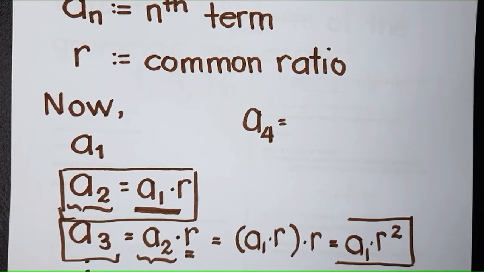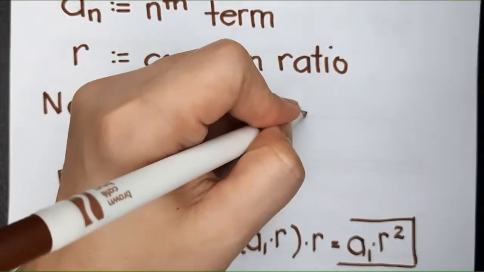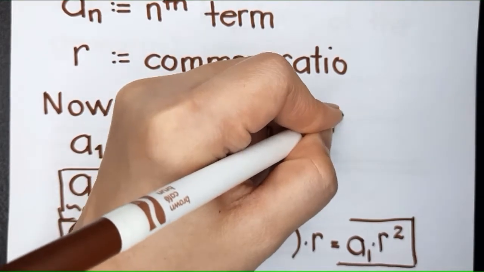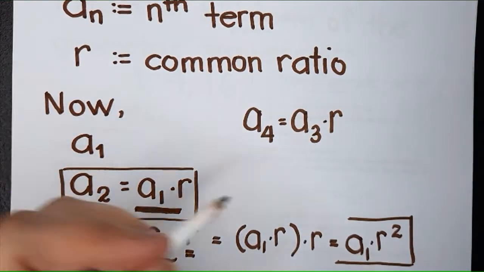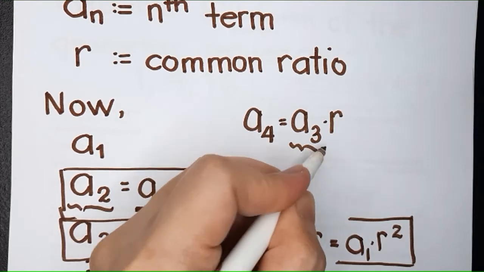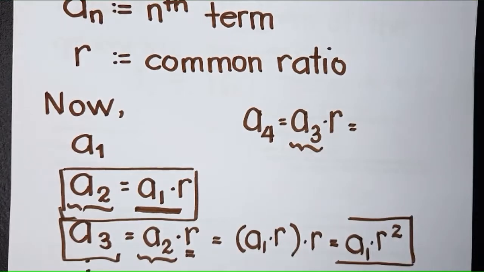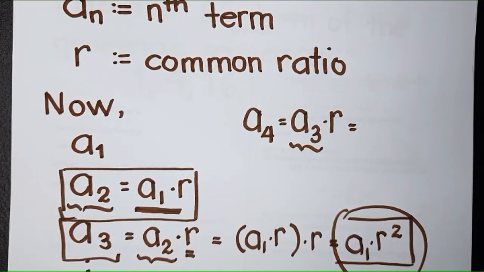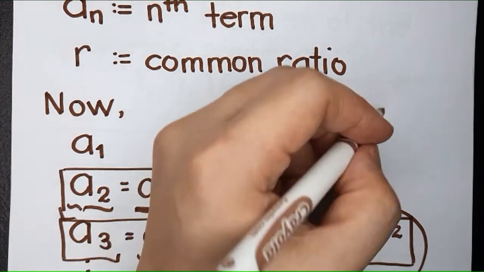How do you get the fourth term? Diba? Equal yan sa third term multiplied by r. Right? Pero saan equal ang a sub 3? Ang a sub 3, that one is equal to this one. Right? So, I'm going to replace a sub 3 by a sub 1 r squared. So, let me do that.